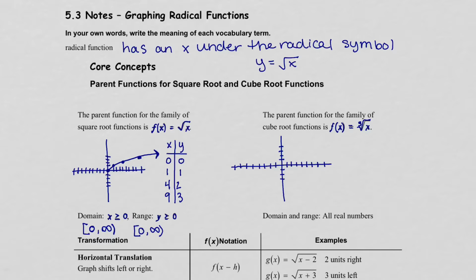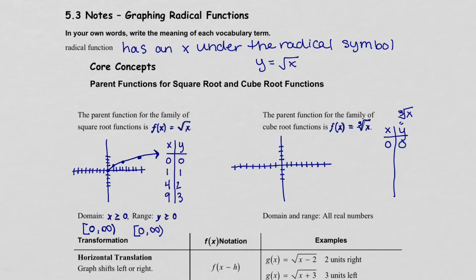So again, I'm going to start with my t-chart, with my x values and my y values. Remember, y is that function, so we know that y is going to be the same thing as the cube root of x. Okay, so where x is 0, y is 0.